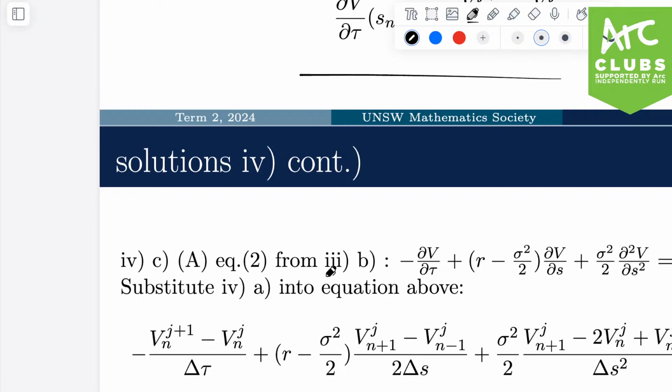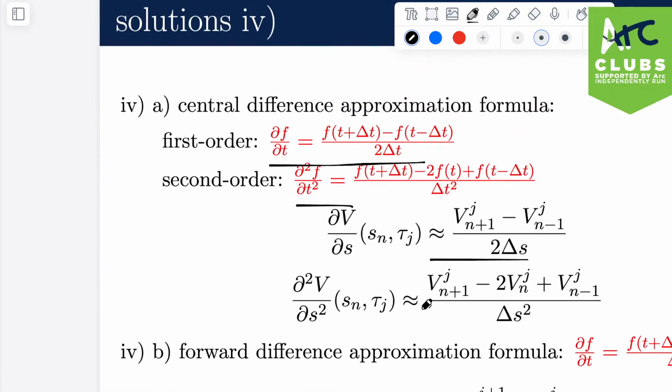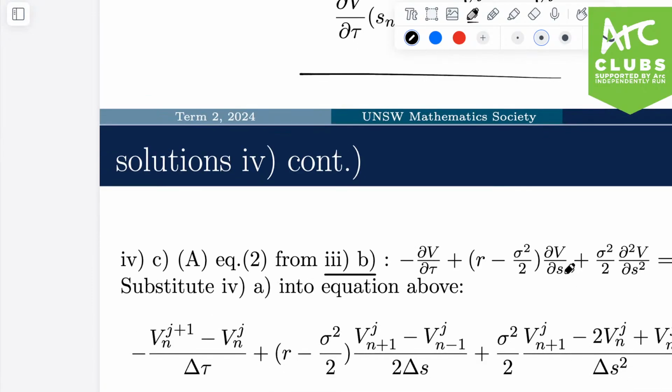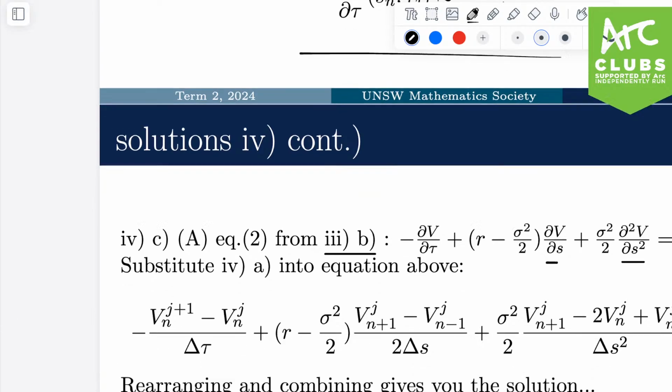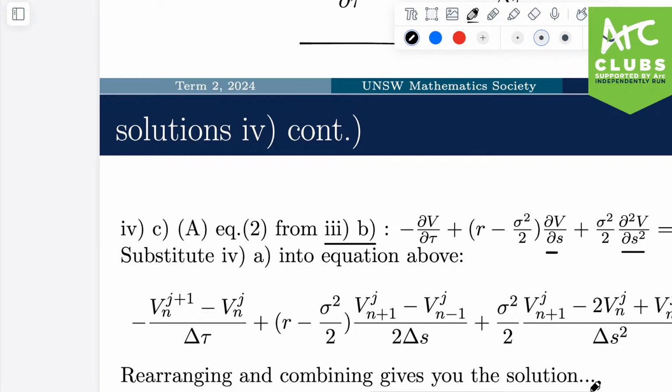Oh yeah, so we can just use part B from the previous part and substitute what I have in part A, right? Because I already have my dv/dS and d squared v/dS squared. And after some numerical manipulation, you will get the solution.